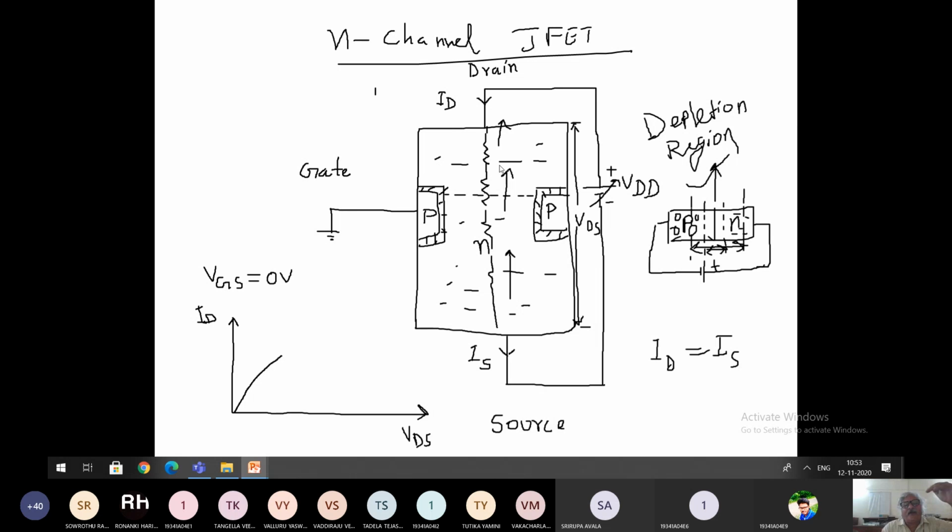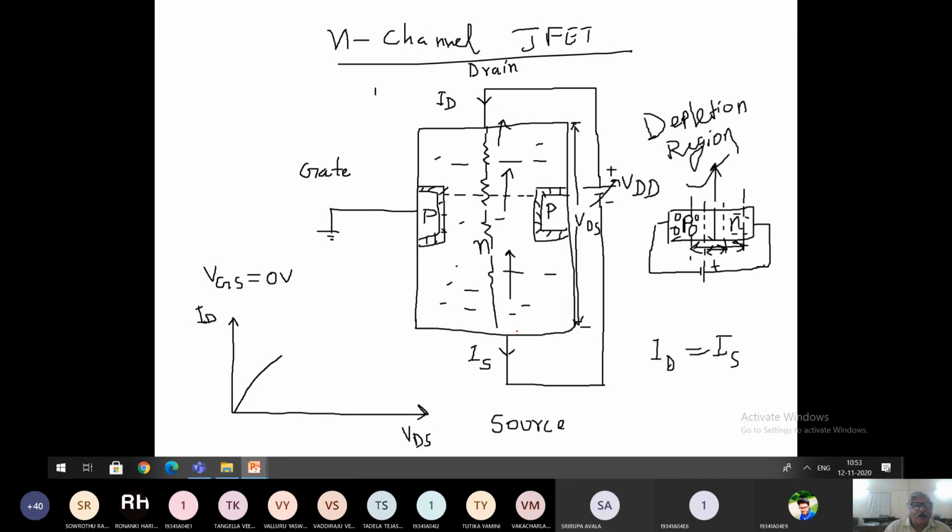So N channel is having the more positive voltage, right? And P material is 0 volt ground. So what is happening? Your reverse bias is increasing. And if the reverse bias will increase, then we know that the depletion region will increase. Okay. So one point, by increasing this VDD, depletion region will increase in the PN junction.